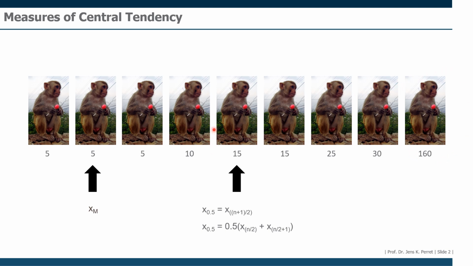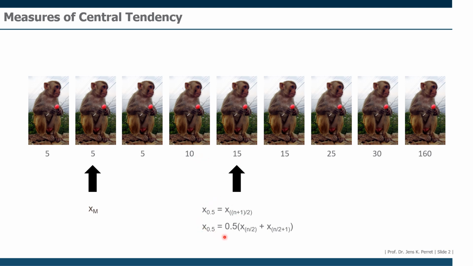Then the middle would be somewhere here between those 2 monkeys, between 10 and 15. If we have a case like this, or in other words, if we have an even number of observations, then the median actually is the value exactly here in the middle, and that's the average of those 2 numbers. So the median in this case would be 12.5.